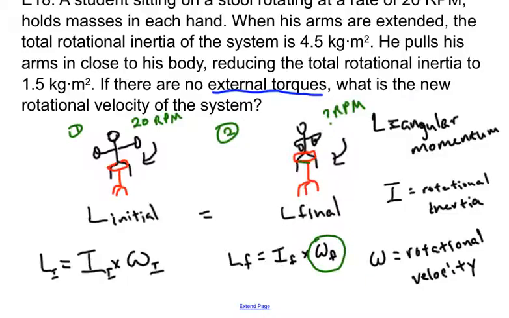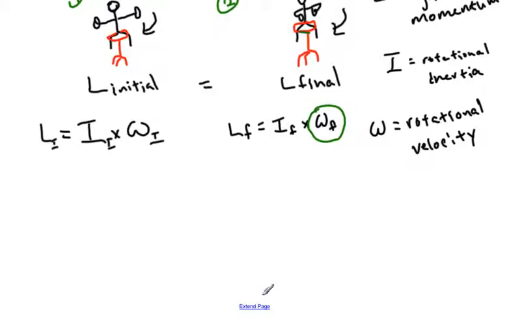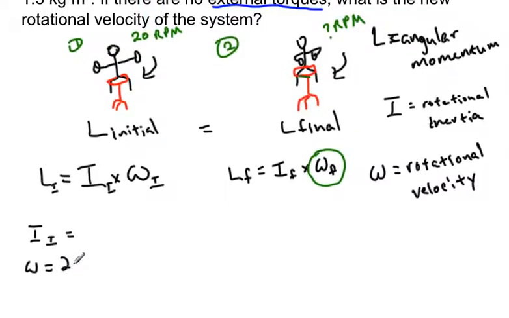Let's write out the things we know. We know the initial inertia. We know the initial rotational velocity. This is 20 RPMs, rotations per minute.